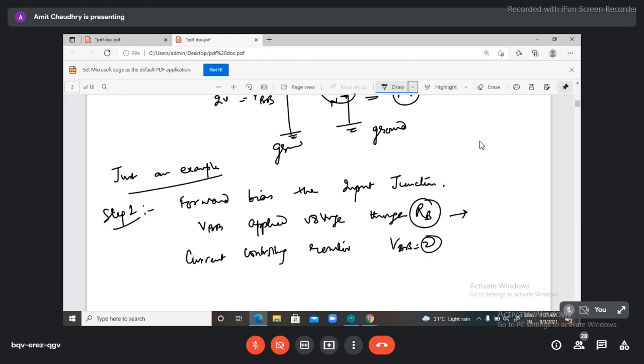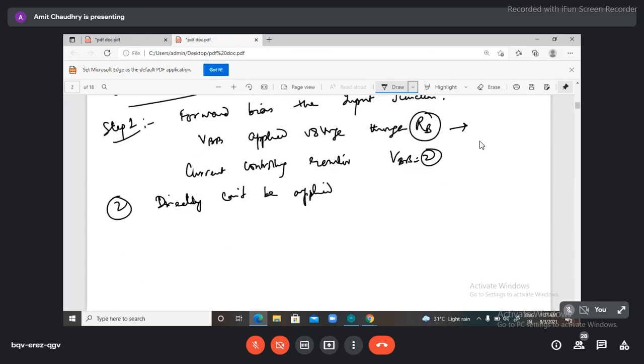So we can't apply 2 volts directly to the forward bias junction. We have to apply it through a resistor.